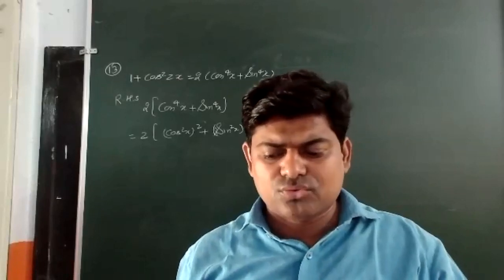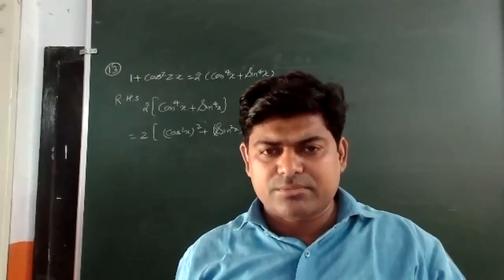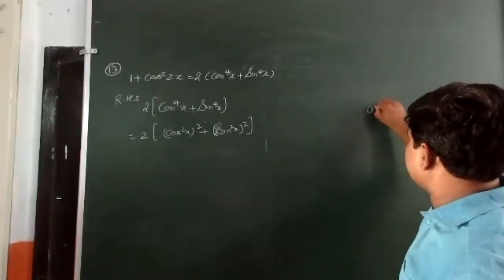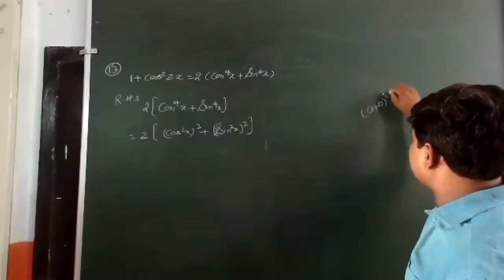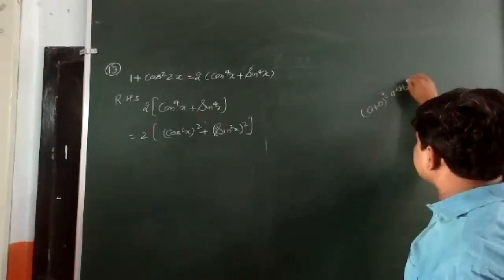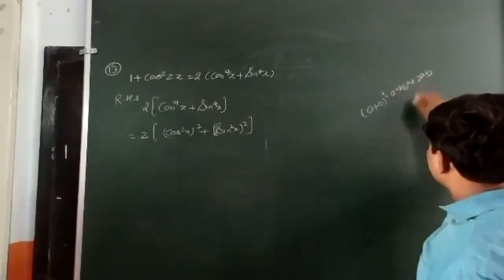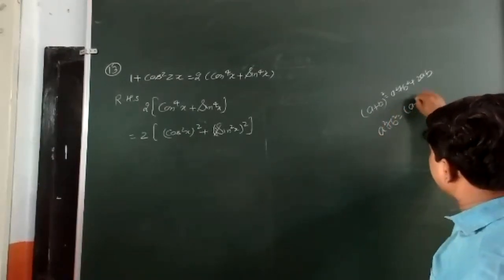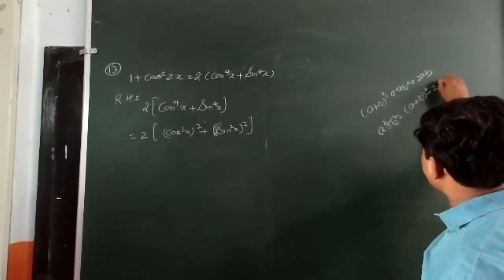Say yes or no. The formula is (a plus b) the whole square is equal to a square plus b square plus 2ab. So a square plus b square can be written as (a plus b) the whole square minus 2ab.